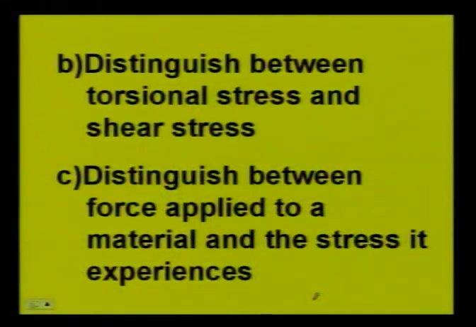All right, she has just to distinguish between the stresses. Torsional is bending or twisting a material, and then shear will be when this object or material are sliding against each other.